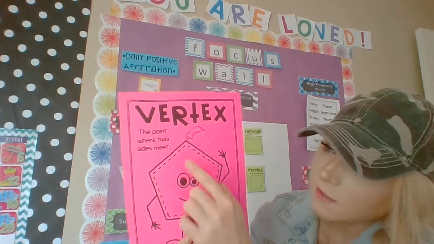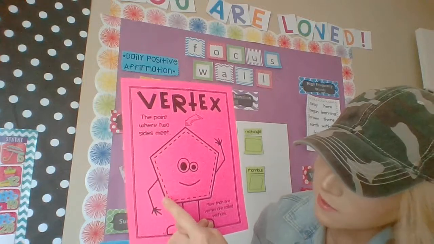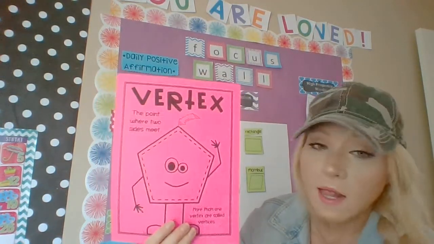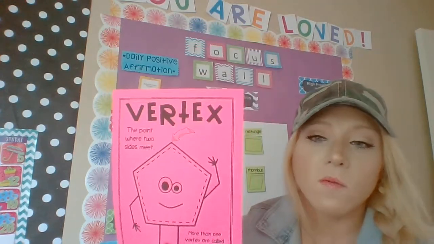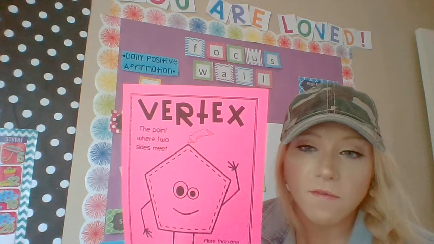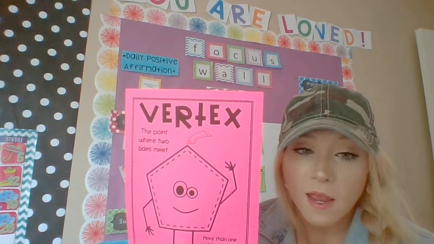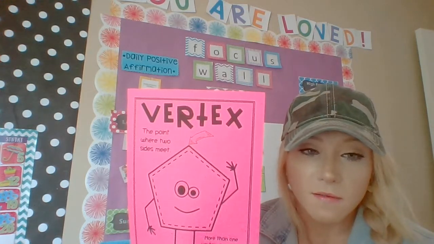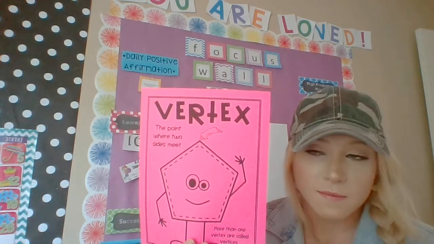It's the point. Point, point. See the pointy edges? It's the point where the two sides meet. Let's count how many vertices. When you say more than one vertex, it's called vertices. If there's two or more, you say it has two vertices. You don't say vertexes. It's vertices. But if there's just one, you say vertex. Okay?